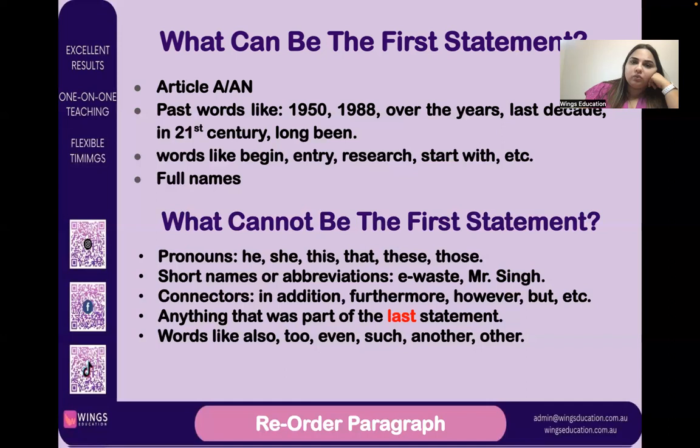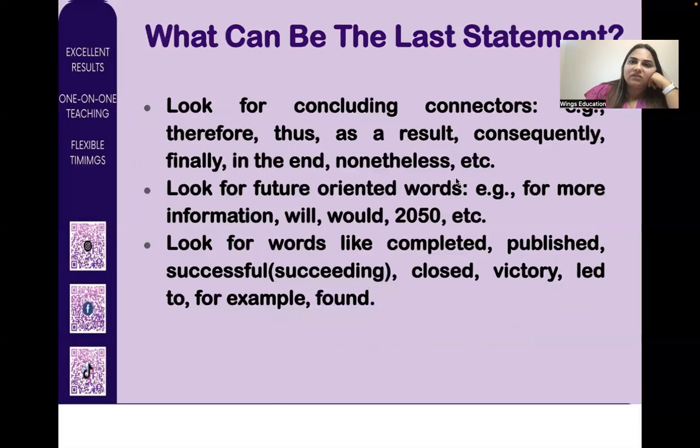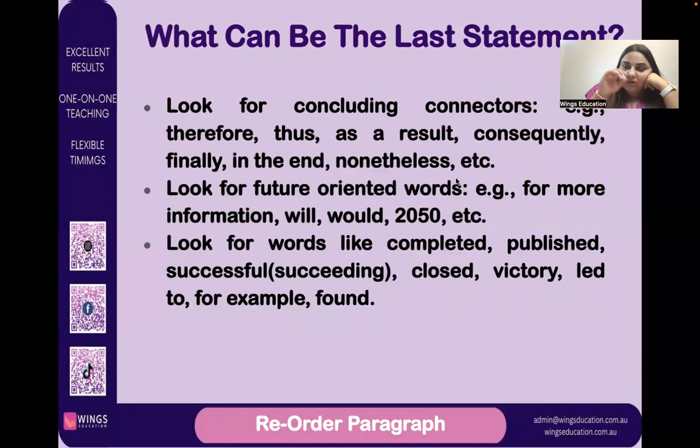Moving further, what can be the last statement? So concluding connectors, therefore, thus, as a result, consequently, finally, in the end, these are words which can conclude a paragraph. Future-oriented words are also going to be towards the end of the paragraph, of course, because if you follow the time rule, past, present, future, so future goes in the end.